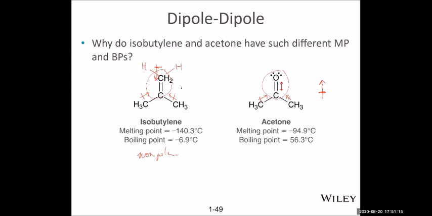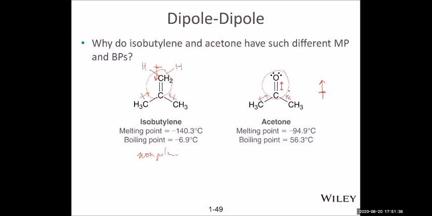So you can see between these two molecules, which have a similar molar mass and similar dispersion force, because of low polarity, this one has a very weak dipole-dipole attraction, whereas acetone has a very large attraction.